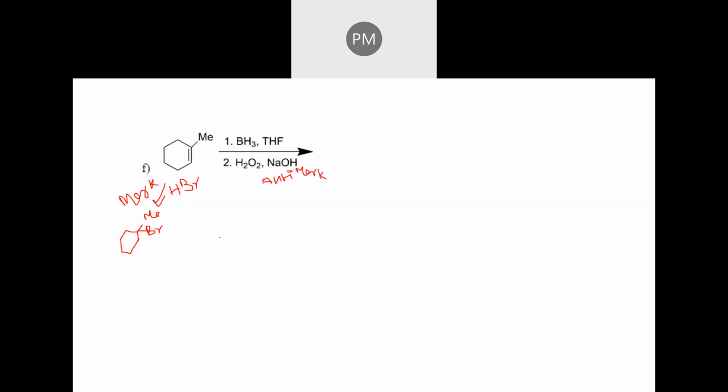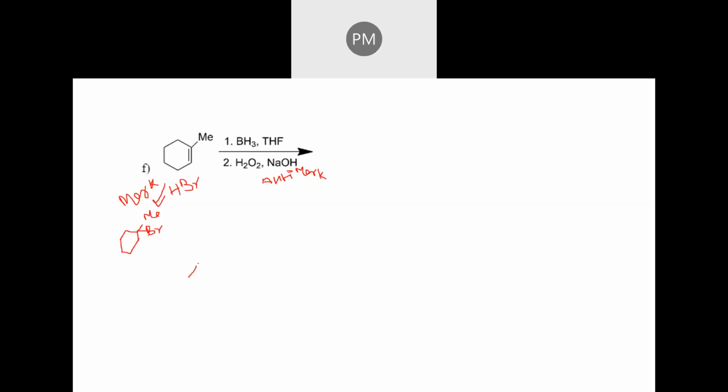So for the anti-Markovnikov one, what will happen? The hydrogen will attack the most substituted carbon, and boron will attack the least substituted one. So how does the reaction process go?